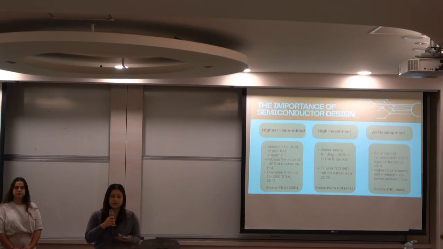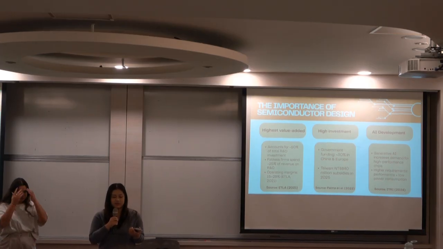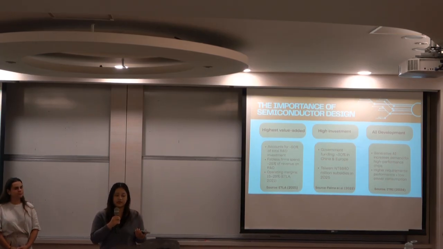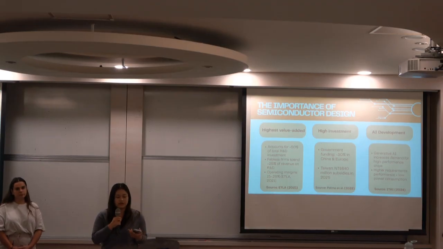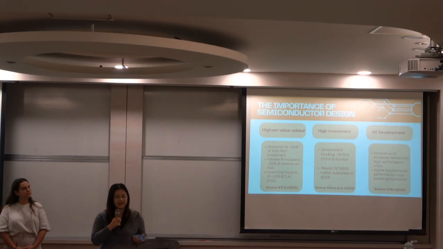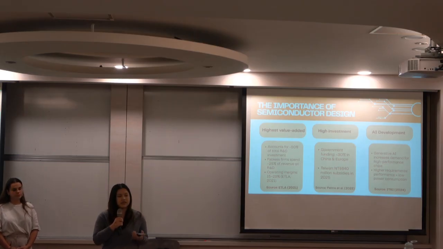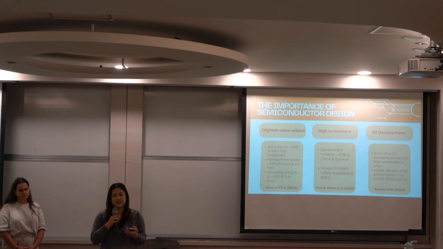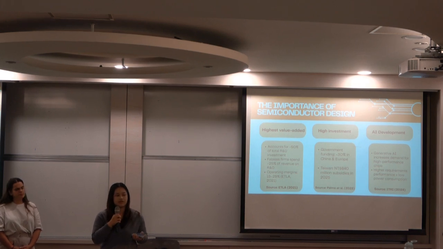And the next one is high investment. Around the world, governments are funding around 30%, especially in China and in Europe. And in Taiwan, we also have incentives, like $840 million subsidies in 2025 for products like AI or laptops, these kinds of fields, etc.